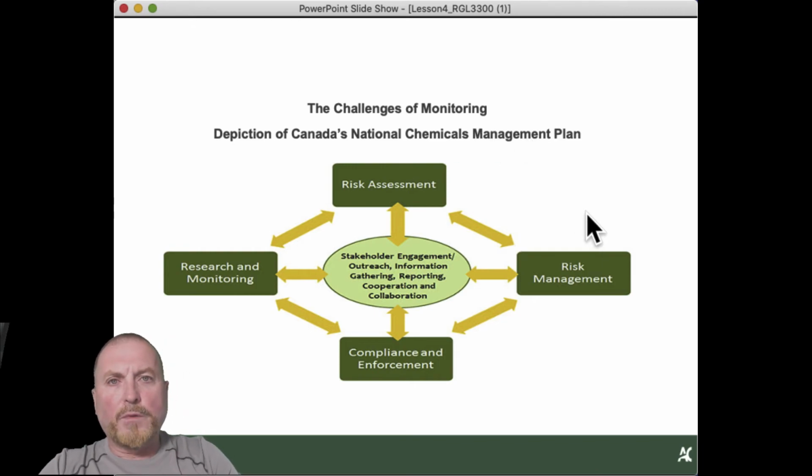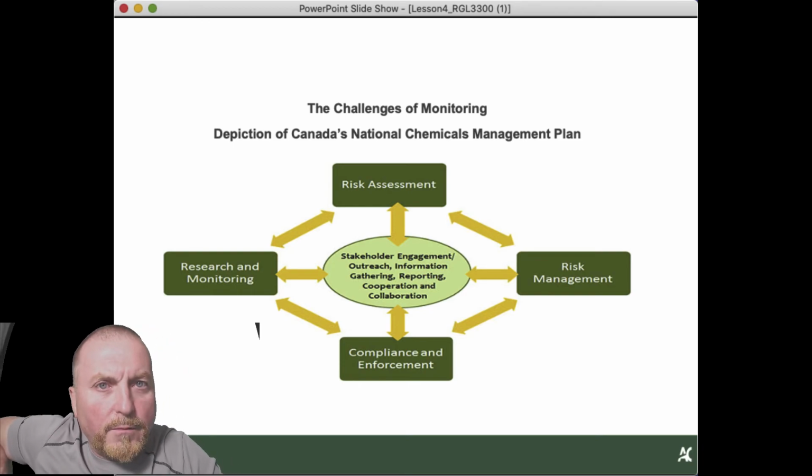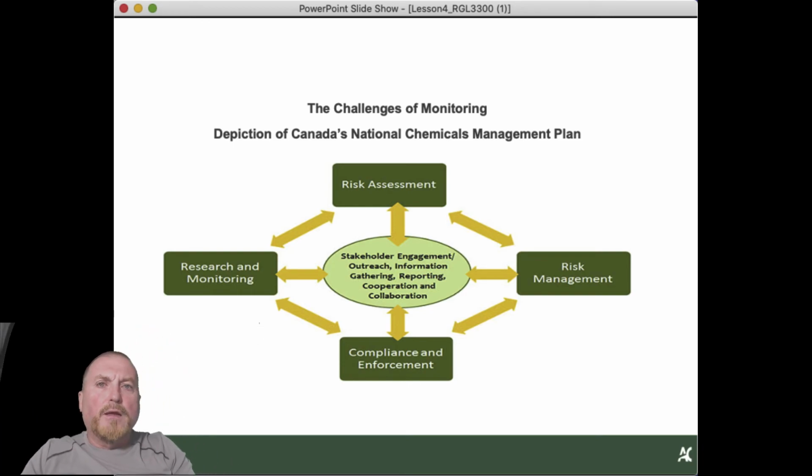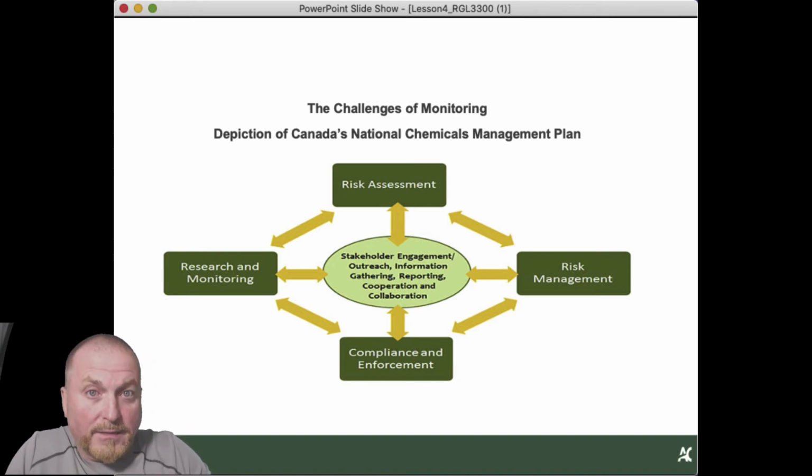Okay, but then what we shift into is a risk management phase, where once we've established the risk profile of a hazardous product, if we're going to allow it to come onto the market, we have various risk management activities that we have to participate in as governments and as corporations.